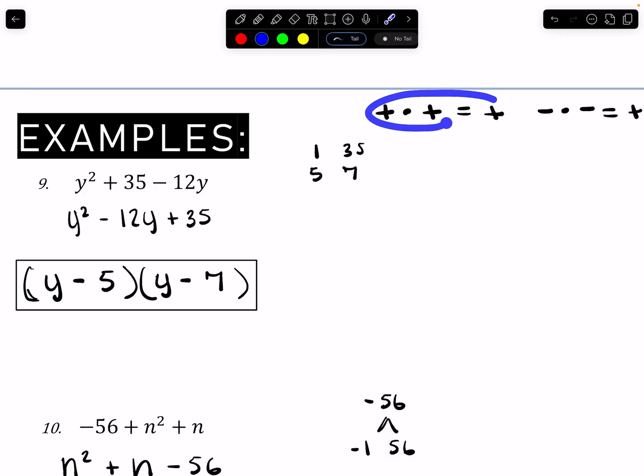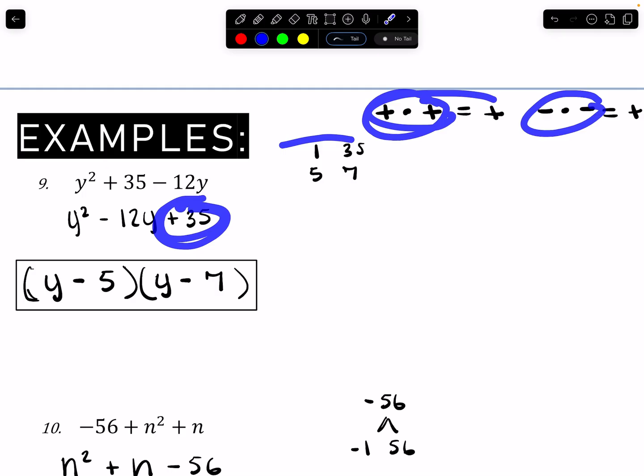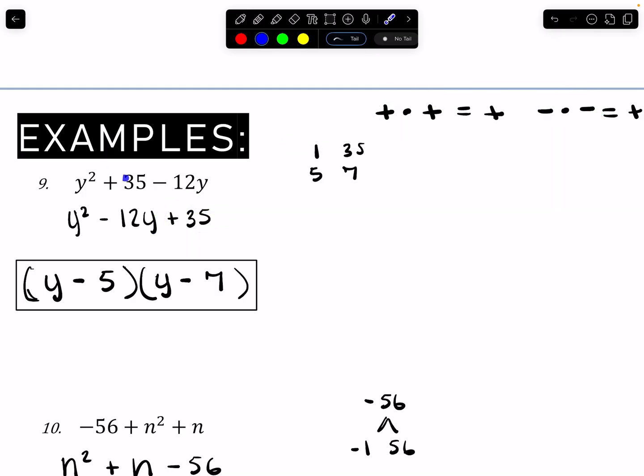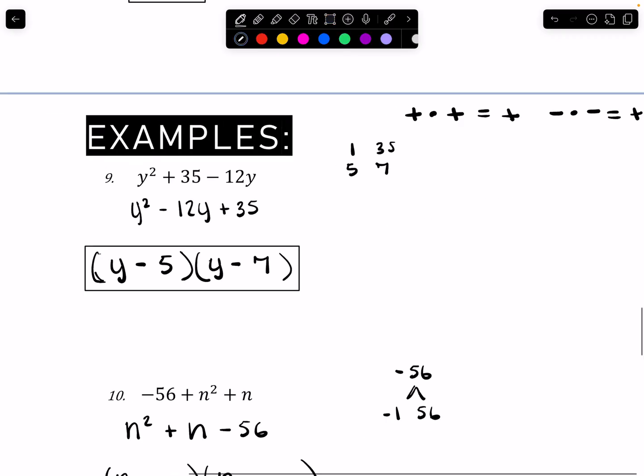So they either both have to be positive or they both have to be negative to get us this positive, right? Well, then we want them to add to give us a negative. The only things that add to give us a negative are two negatives. Two positives can't add to give me a negative. A negative and a positive could give you either one, right? But if we want them to add to give a negative, that means they both have to be negative, right? So both have to be negative.